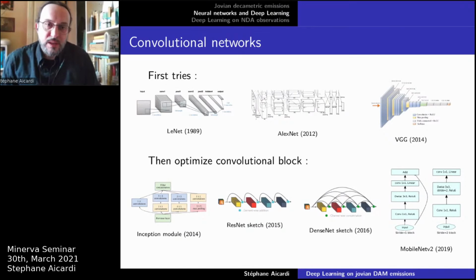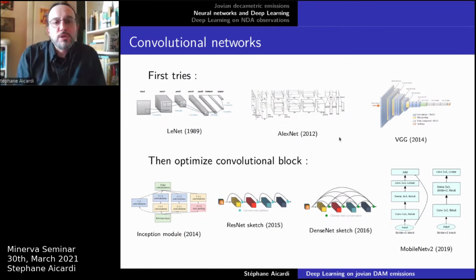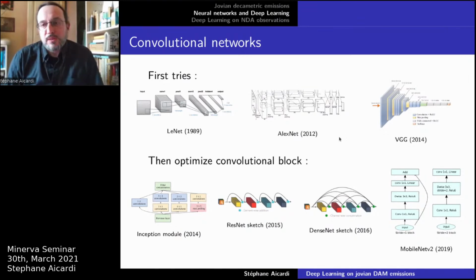So we have a big gap until 2012, where AlexNet was the winner of the ImageNet annual contest to classify images, and he managed to do this with a convolutional neural network, and his score was twice the other people's score, which was a huge gap.